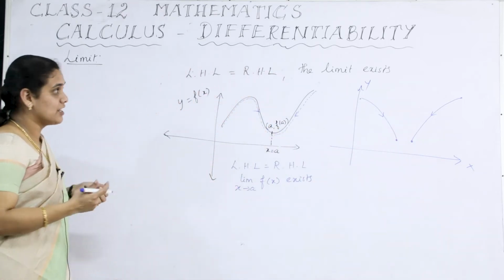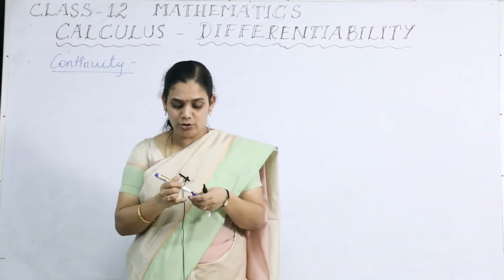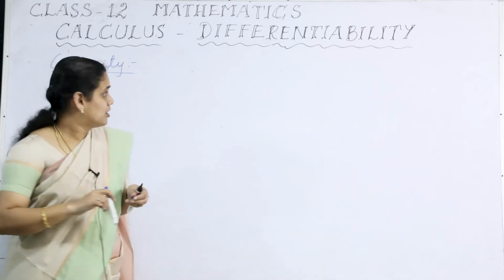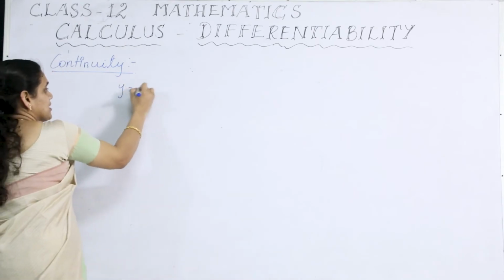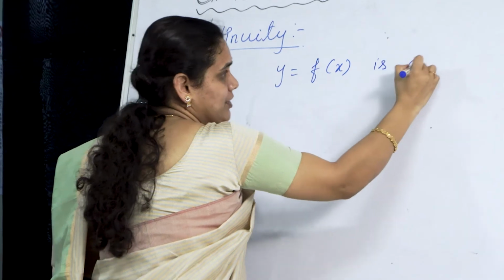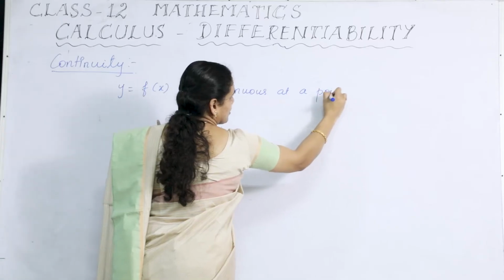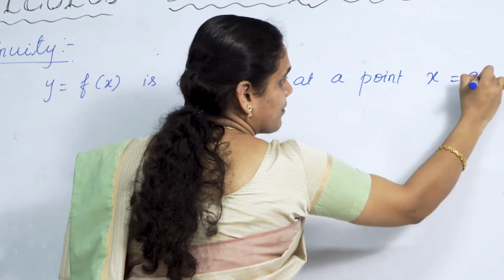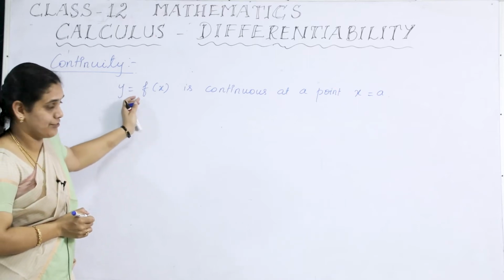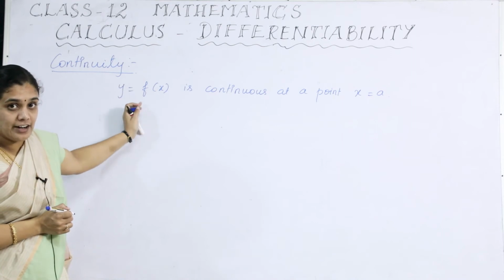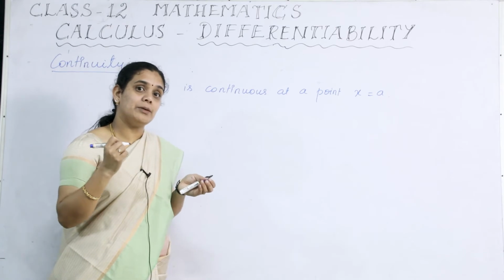The next topic is continuity. So what is continuity? By dictionary meaning also you can easily explain what continuity is. But geometrically, we can say that the function f(x) is continuous at a point, say x equal to a, if we can draw the graph of this curve, please listen carefully, without lifting the pen from the plane of the paper.